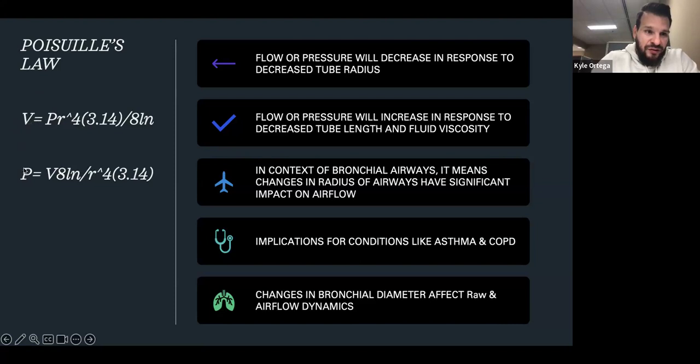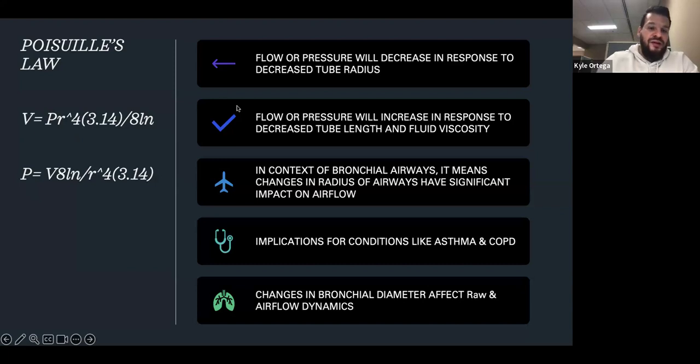Down here, the formula is for pressure. So obviously the P is pressure, R is radius to the fourth power, 8 and pi are constants. The L is for length. And then the eta is for the viscosity of the gas or fluid. And down here, it's pretty much the same thing, just written for pressure.